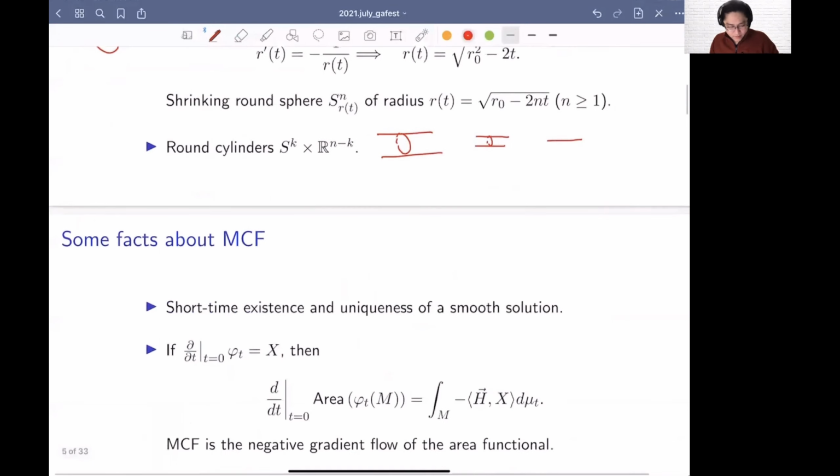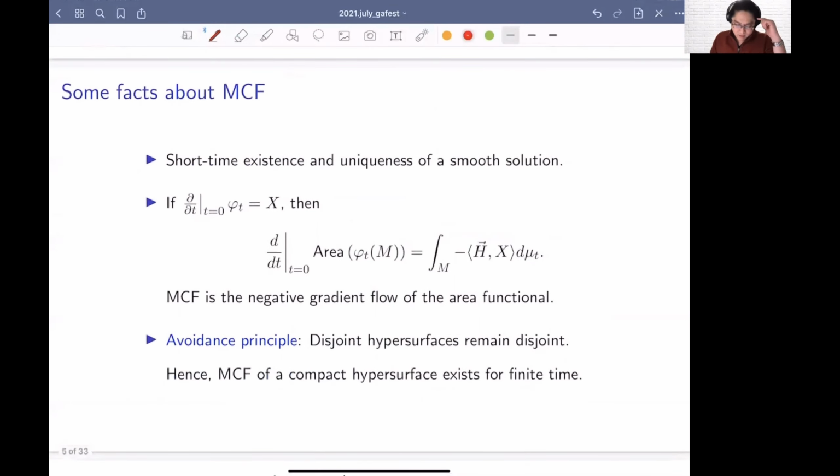Now, let's move on to some facts about the mean curvature flow. First of all, suppose we consider the mean curvature flow of either a closed hypersurface or a non-compact hypersurface with well-behaved infinity. Then we have short time existence and uniqueness of our mean curvature flow solution. And in fact, it's also smooth because of the parabolic nature of the PDE, the smoothing properties.